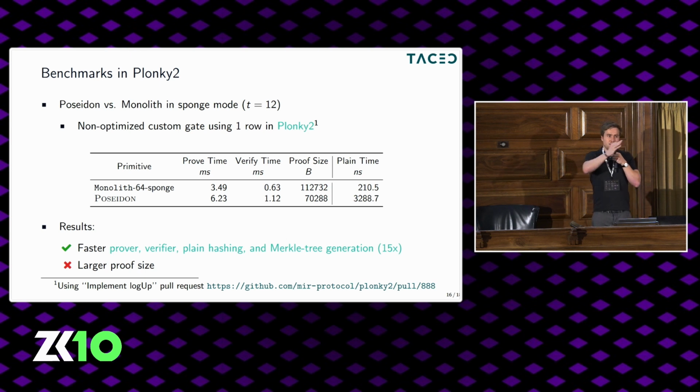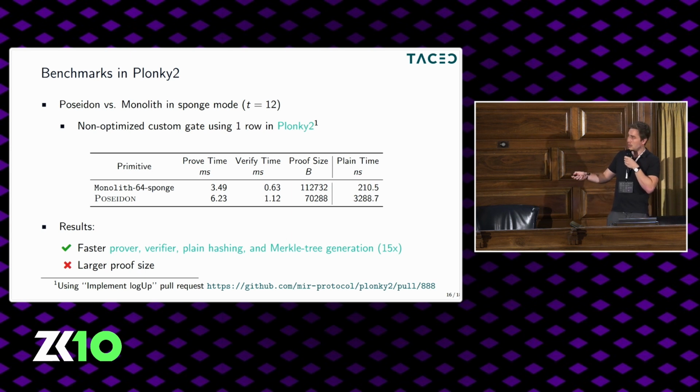But since we are implementing the whole permutation in just one row, and we have seen on the previous slides that we have significantly more witnesses, the result is a larger proof. But especially when we copy the plain runtime for these parameters from the slides before, where we have a hashing time for Monolith in this setting of just 210 nanoseconds compared to Poseidon with more than 3000 nanoseconds, it's a factor of 15 difference.